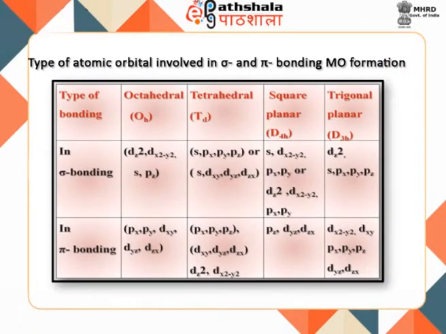The following table gives the type of atomic orbitals at the central atom involved in sigma and pi bonding molecular orbital formation.